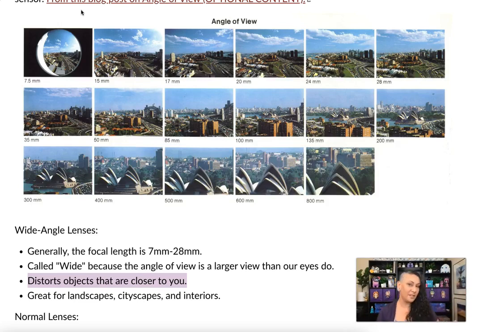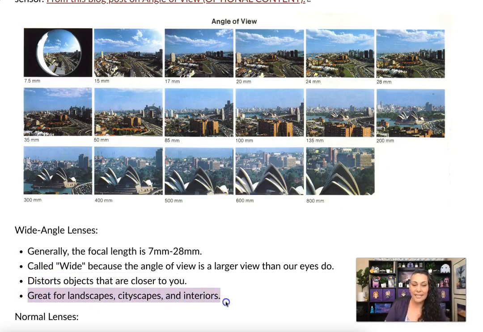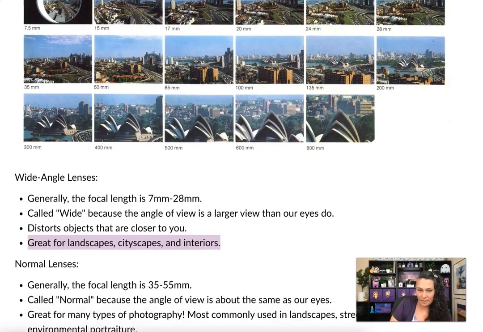So it can be used in an artistic way as well. But in general, it's great for landscapes, cityscapes, and interiors. Interiors is a big one because if you're trying to get a photo of an entire room, it's hard to do without a wide angle lens. So you'll see this used a lot for real estate photography.